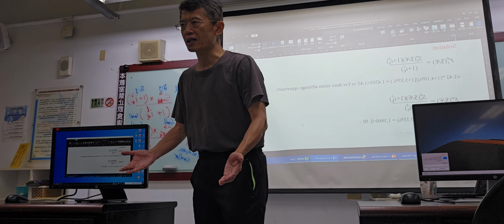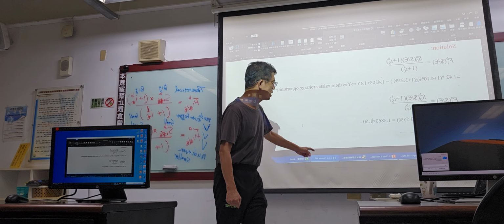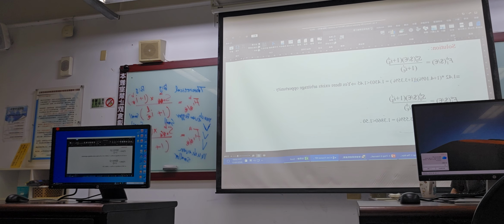So do you have any arbitrage opportunity here? No. See, just only one side. There is an arbitrage opportunity from the bid side, so there will be no arbitrage opportunity on the other side.